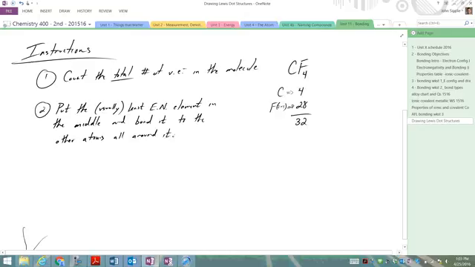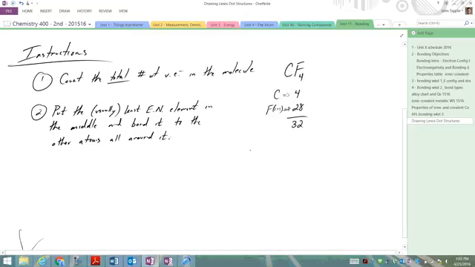Okay, so we want to bond everybody, put the least electronegative one in the middle, and bond everybody else around it. So that means I'm going to draw a carbon in the middle. Okay, and I'm going to surround it with fluorine. All right, and I'm going to bond them all together. 1, 2, 3, 4. There we go.